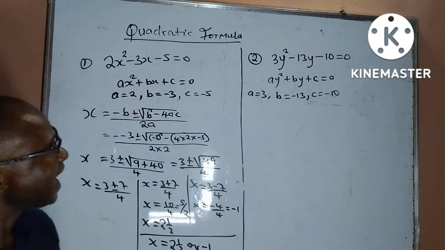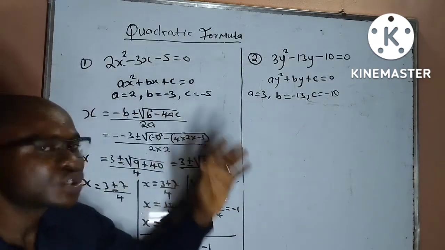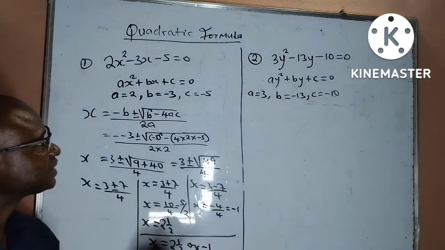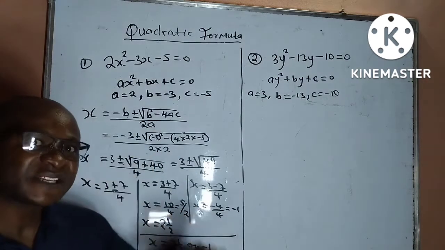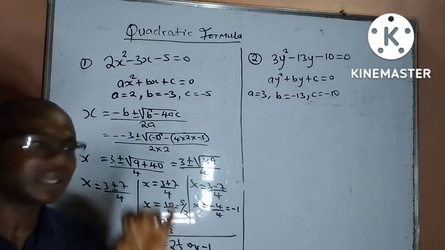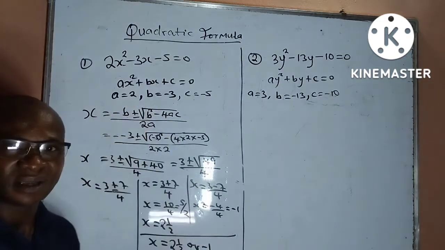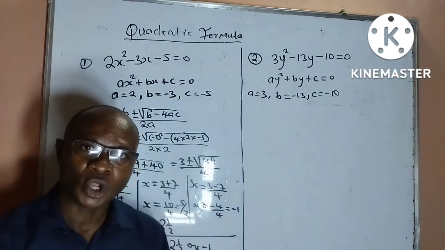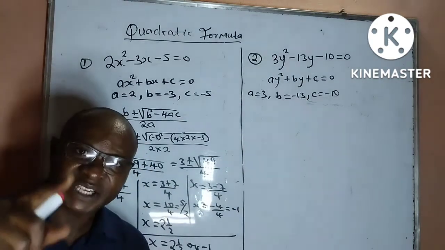You can now see I have used the form of a quadratic equation to get the equivalent values of the letters that are often seen in the quadratic formula, because I need a, b, and c that always appear in the quadratic formula.